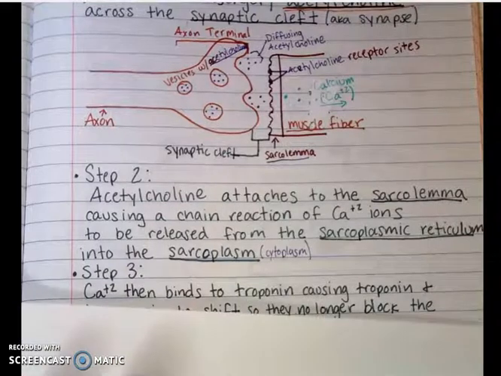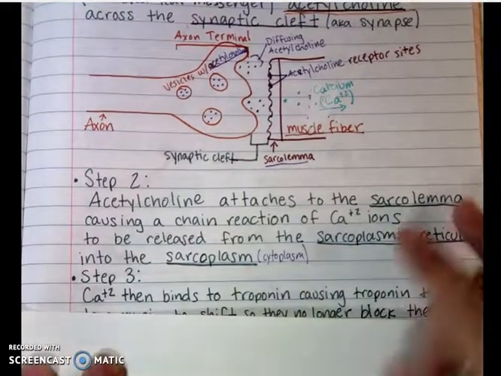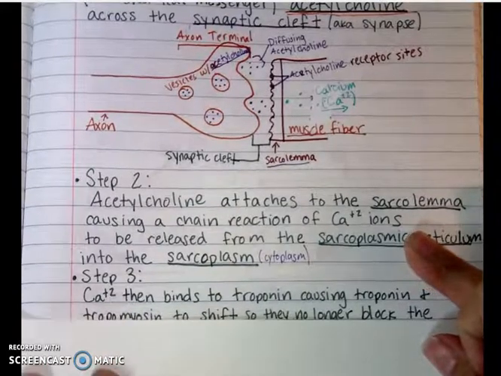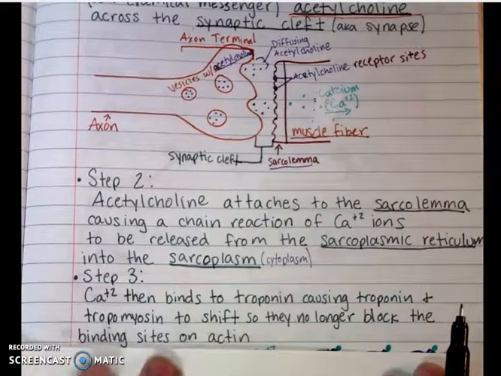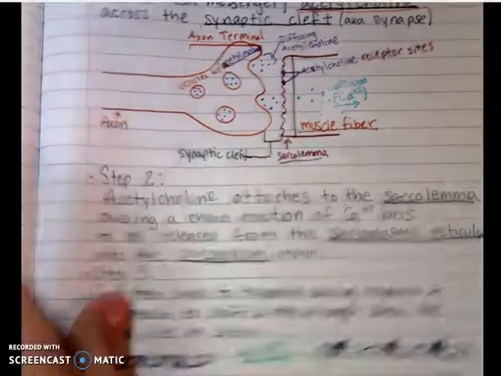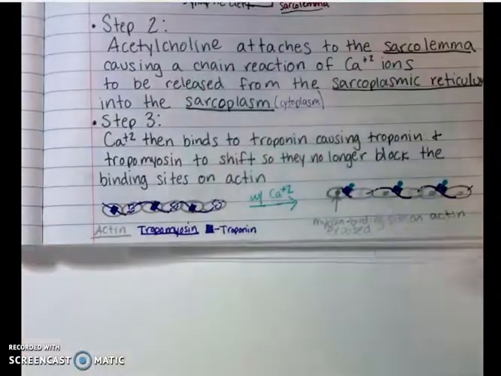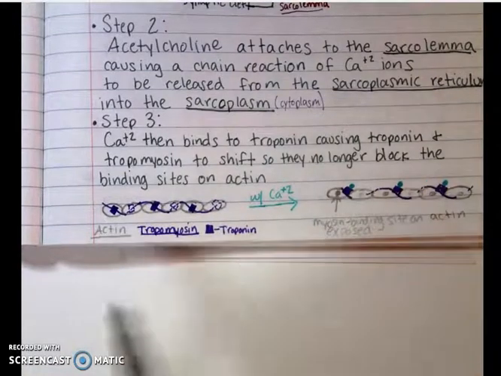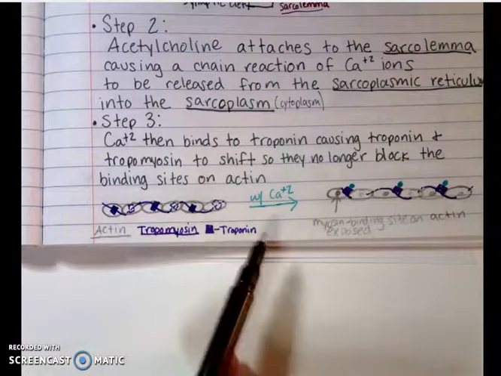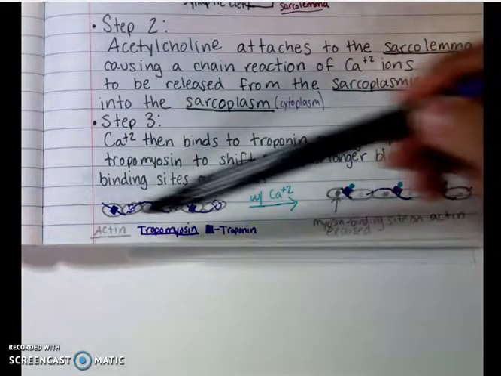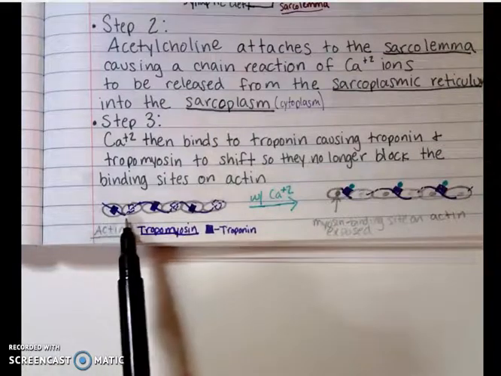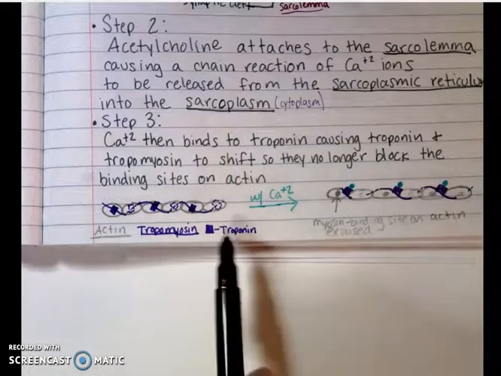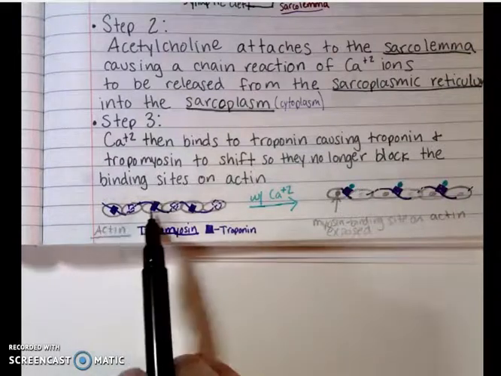Calcium is needed in order for muscle contractions to happen. Calcium is going to help expose binding sites. Look back to the sketch down here. We have one myofilament, which is known as actin. When your muscle is at rest, actin is blocked off by 2 proteins. The first protein is tropomyosin, which I have here as a purple line, and then troponin, which I have here as a little square.